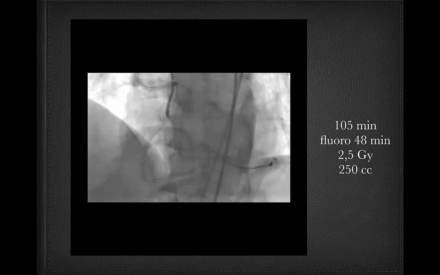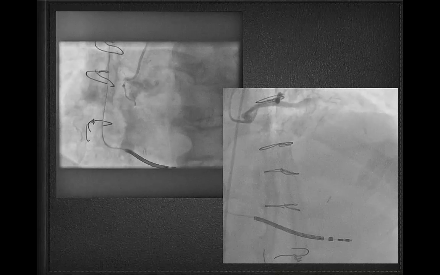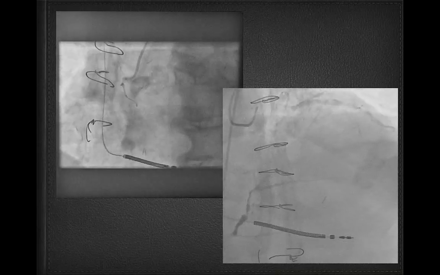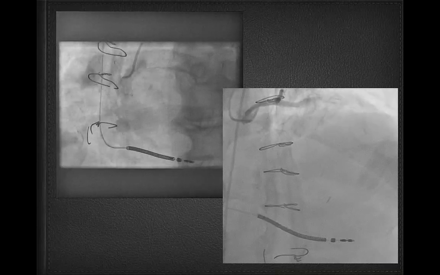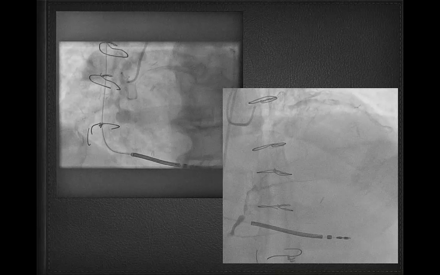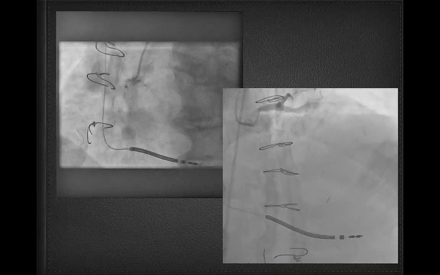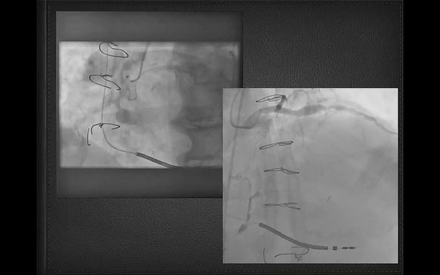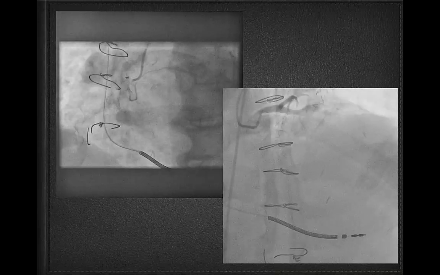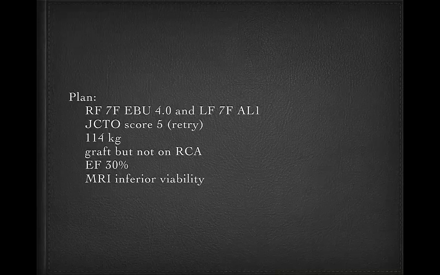Great. So next case, it's also a difficult case. It was a patient with some graft, but the patient had no graft on the RCA.